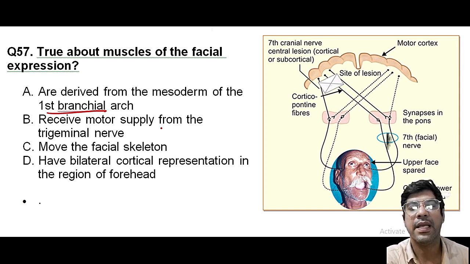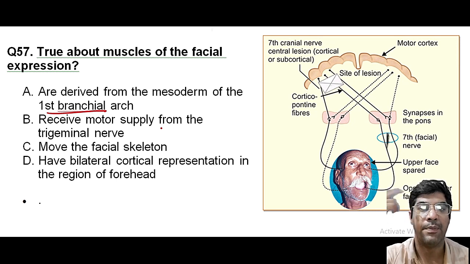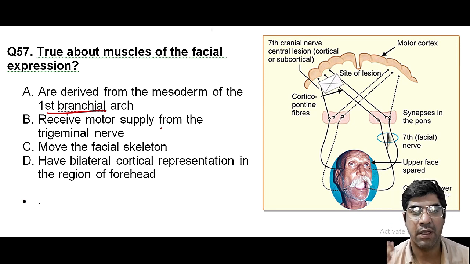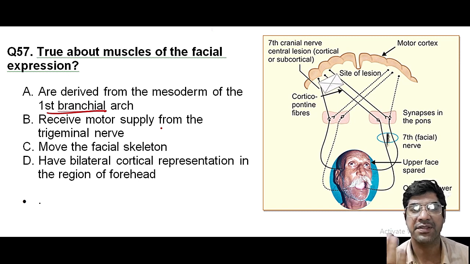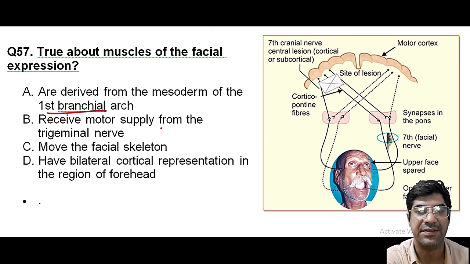Imagine you are looking in a mirror and you want to raise your right eyebrow. When you decide to do this, the brain will send signals to the muscles on the right side of your forehead to make your right eyebrow go up. At the same time, the brain also sends signals to the muscles on the left side of your forehead to keep everything balanced.